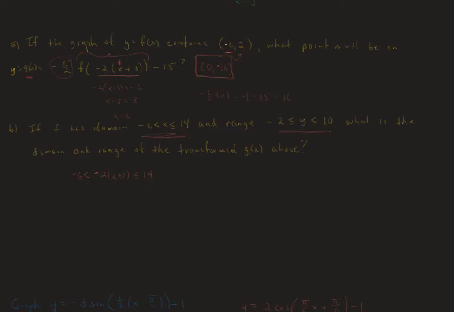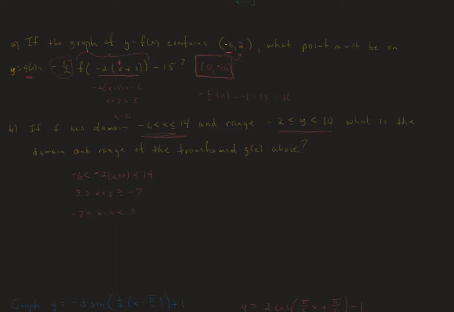So if I divide everything by negative 2, then this will become 3. We'll switch the inequality, and that will be a negative 7. I'm going to rewrite that negative 7 less than or equal to x plus 3 less than 3, just so it goes from small to large.